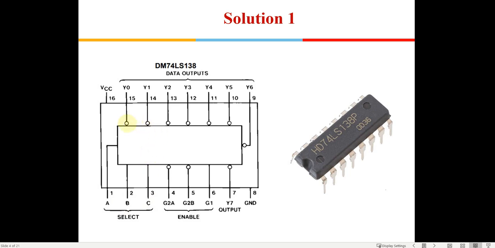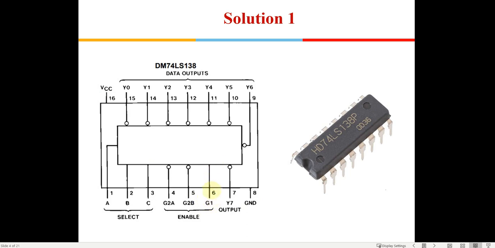Active low means when we give 000, Y0 would go 0, and if we give 001 as input, Y1 will go low, others will remain 1. So this is an active low output. You have Y0 to Y7 outputs, and also a VCC and ground pin, and then you need to give G1 the input out here.